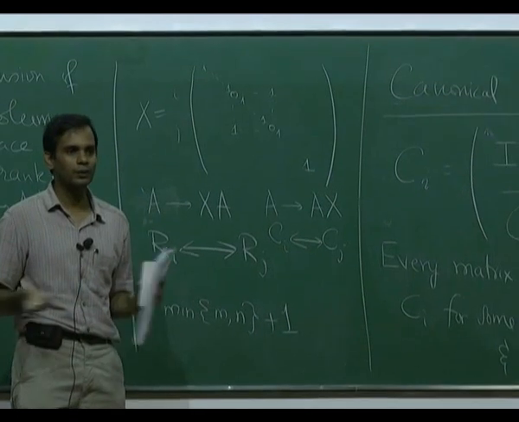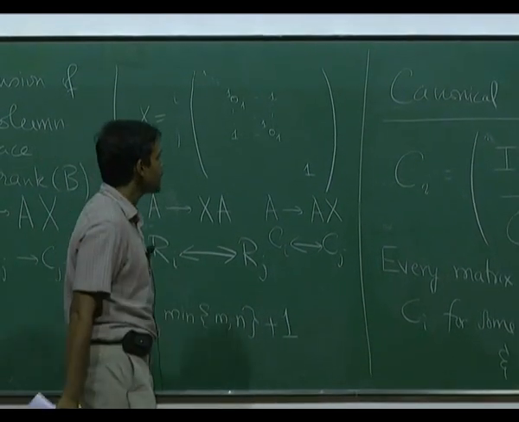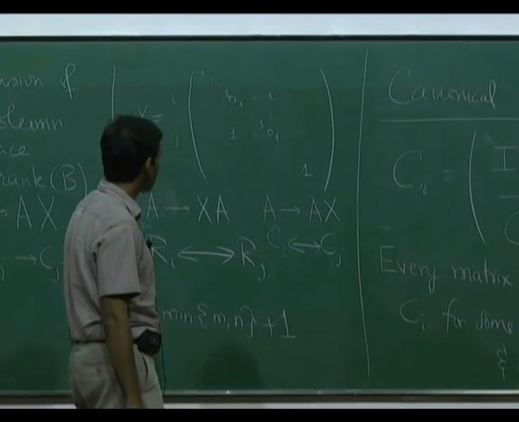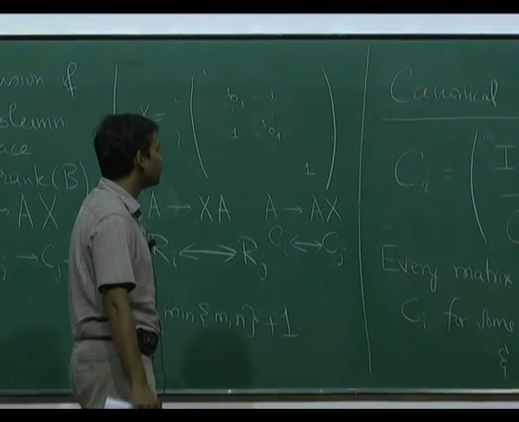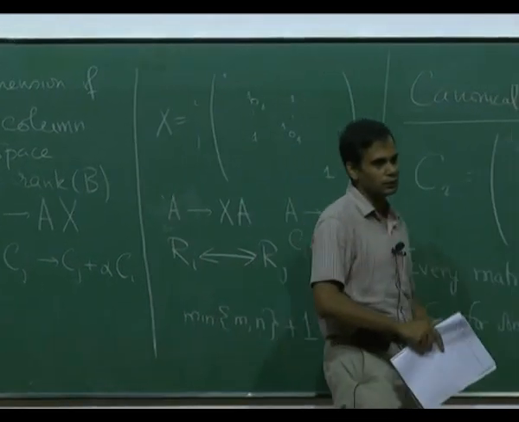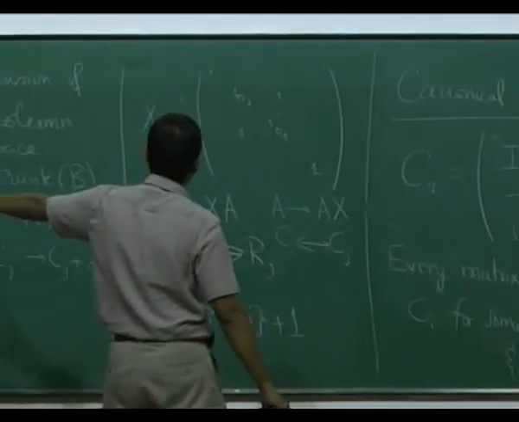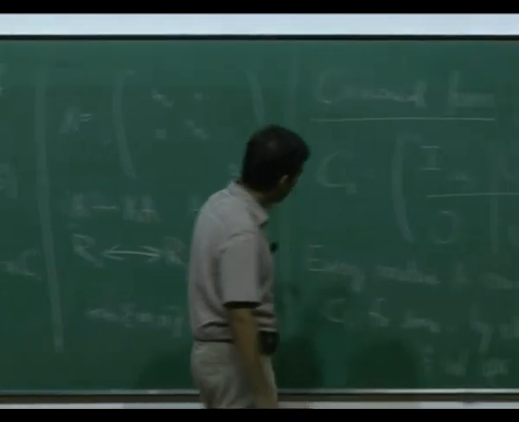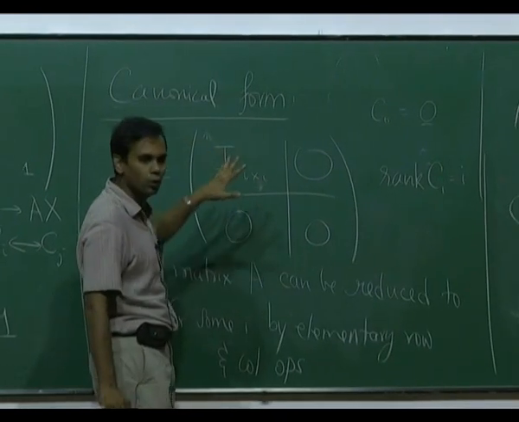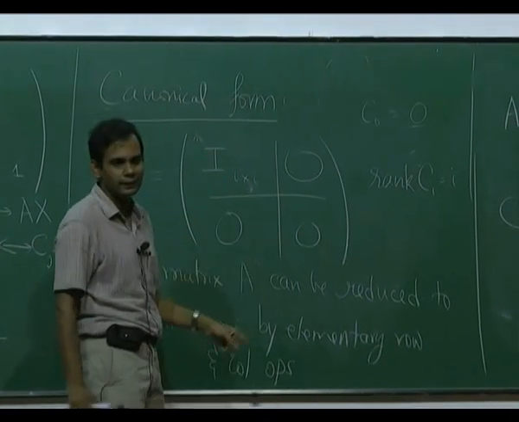If it's not square, you cannot talk about inverse. And another way of thinking about it is that its determinant should be non-zero. Now, if you look at these operations, non-zero determinant is always preserved. So the canonical form should also have full rank, which means it should be identity.